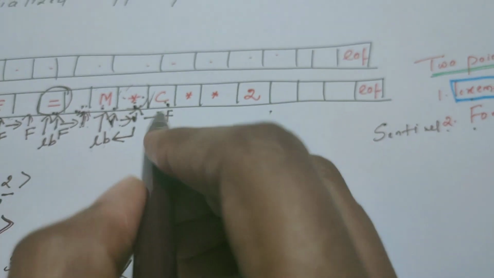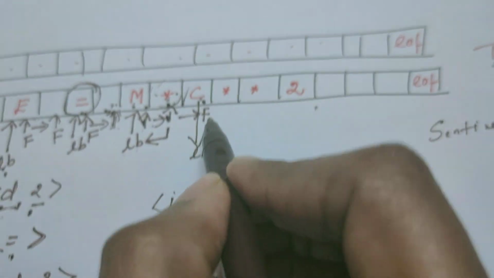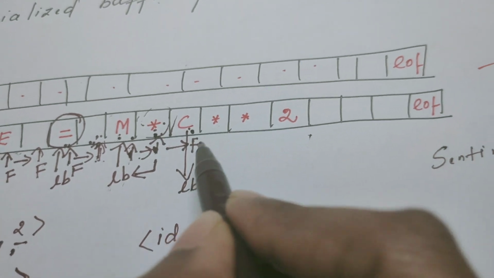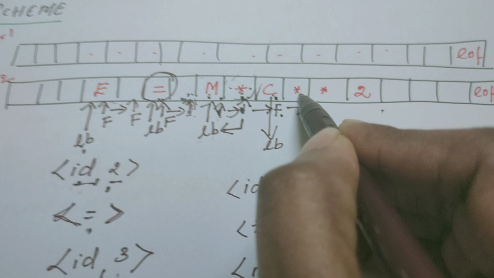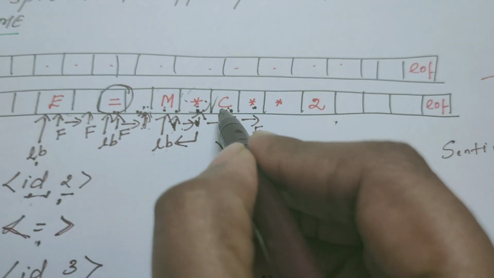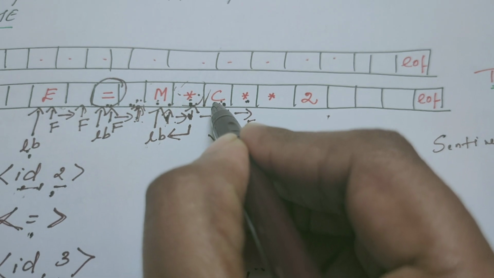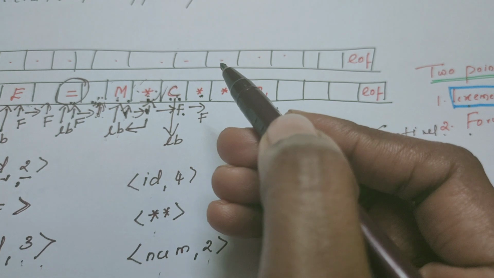In case, suppose imagine now the C is pointed to by lexemeBegin as well as the forward pointer. The forward pointer moves here. By reading the star, it stops because it knows the star is not a part of either an identifier or a token, because the C can be a token or an identifier according to the lexical analyzer.